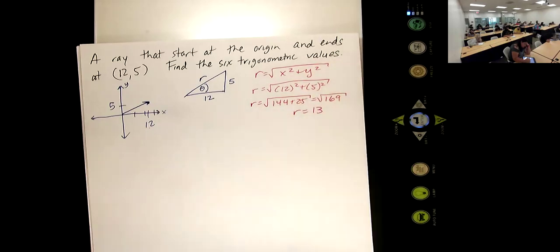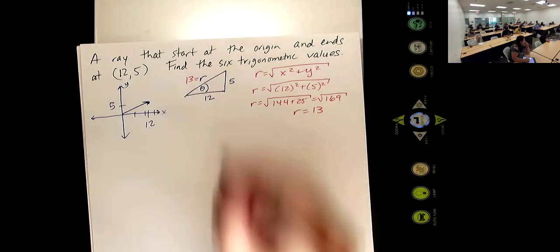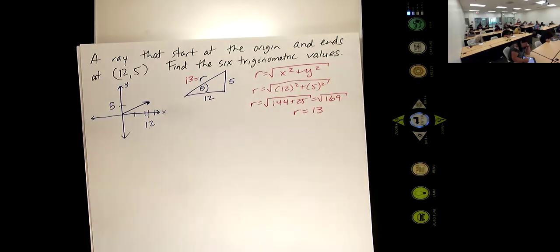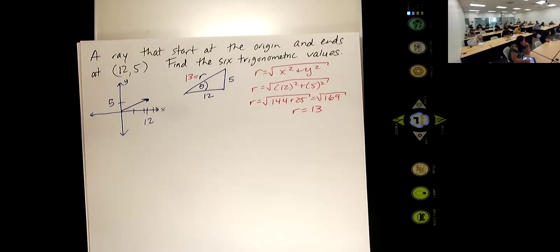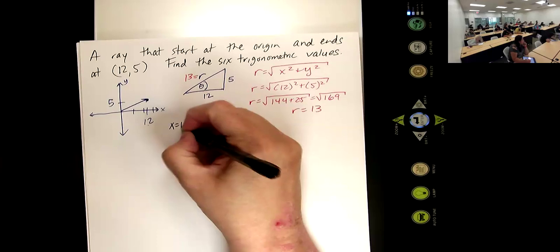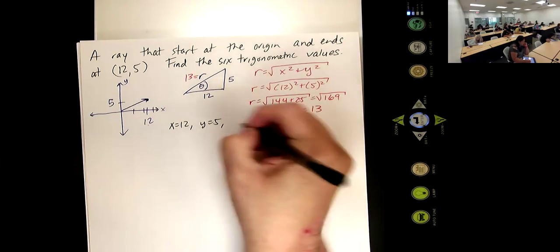R equals 13. So x equals 12, y equals 5, r equals 13.